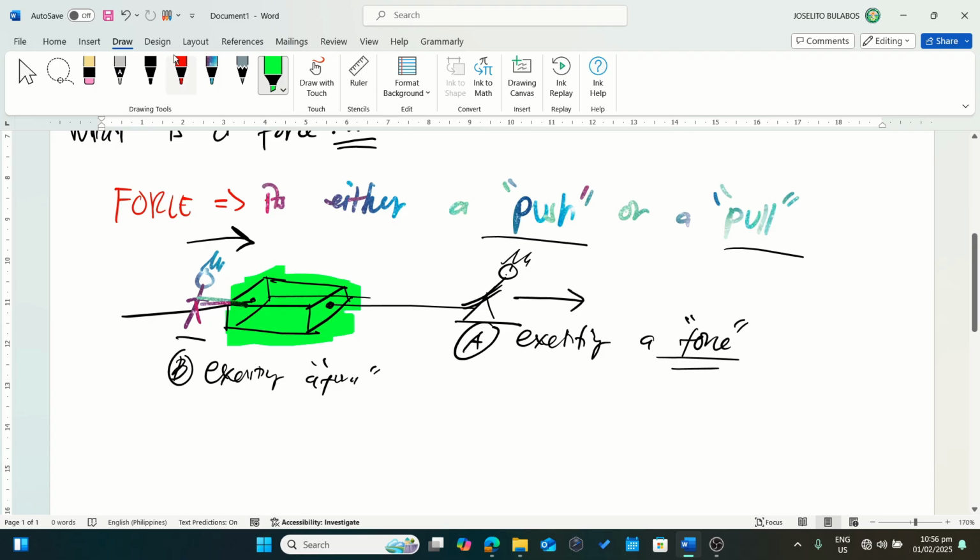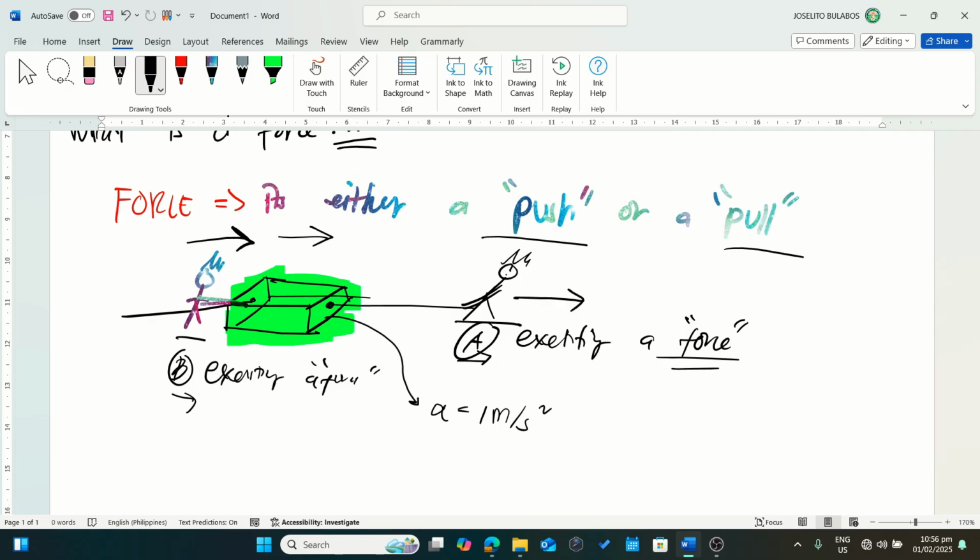Let's say after person A exerts a force and person B exerts a force, the box now moves along this direction with a certain acceleration, let's say 1 meter per second squared.